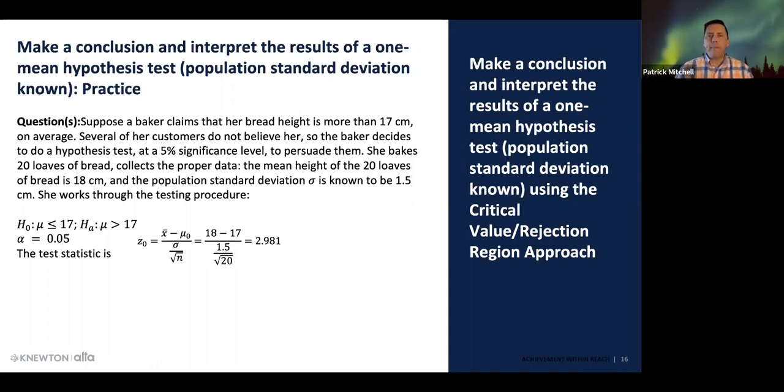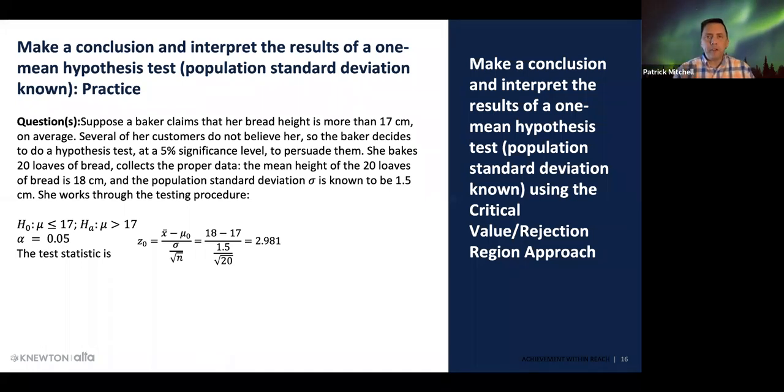So again, what that means is that if the mean bread height really was 17 centimeters, a sample of 20 loaves with a mean height of 18 centimeters would be nearly 3 standard deviations above the mean. Okay?